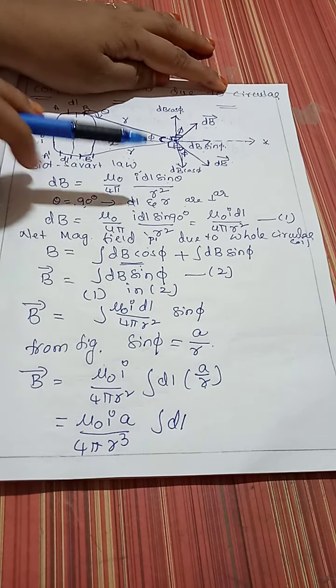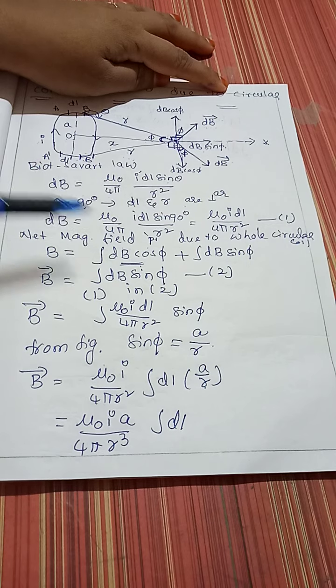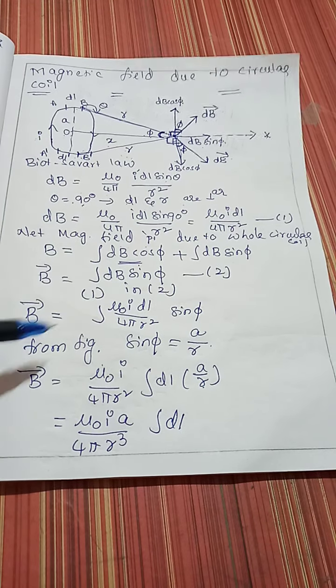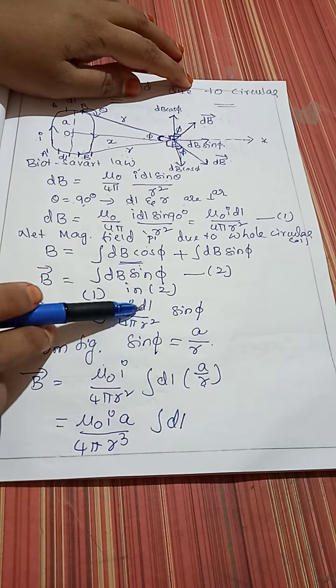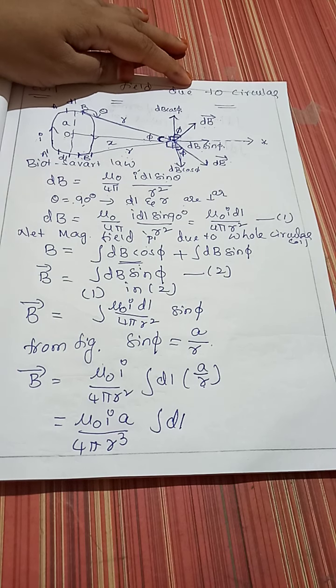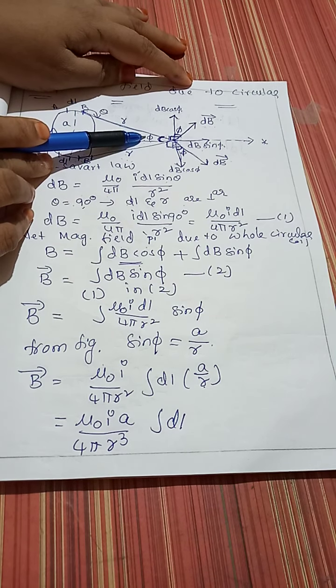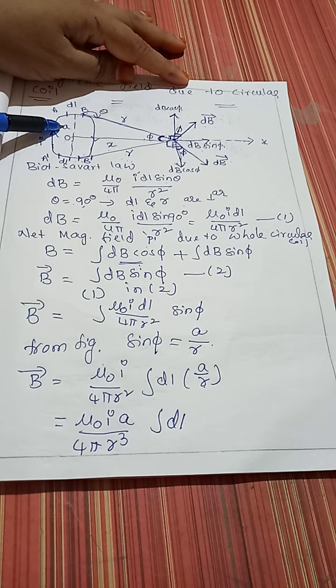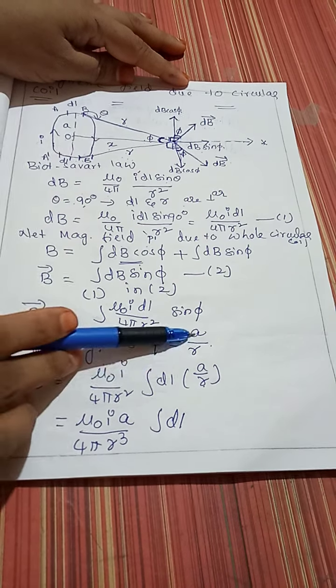From equation 1 we substitute the dB value in equation 2. So we get integral mu naught I dl by 4 pi r square sin phi. From the diagram, sin phi is opposite side a over hypotenuse r, so a by r.